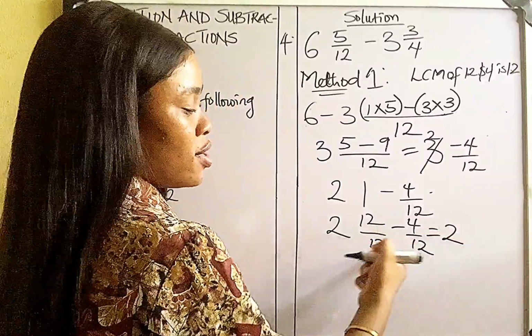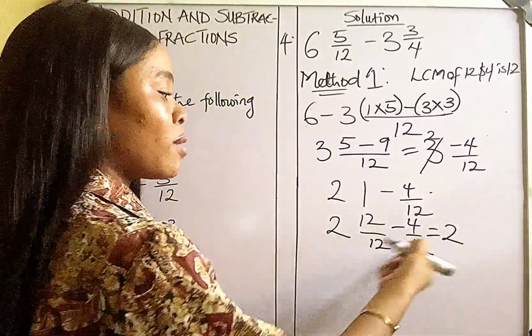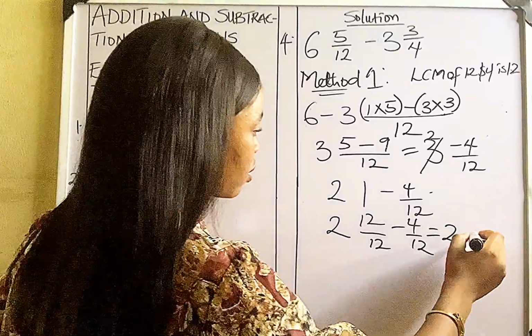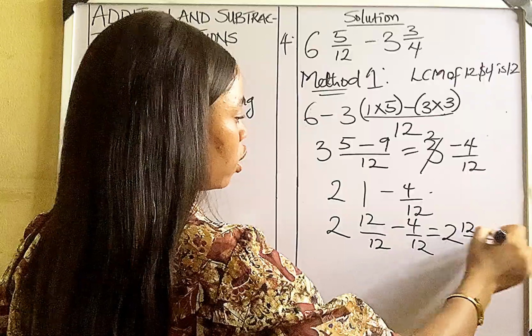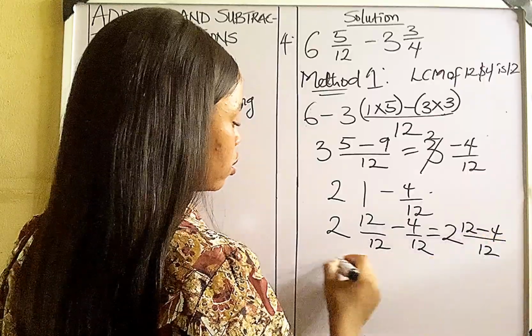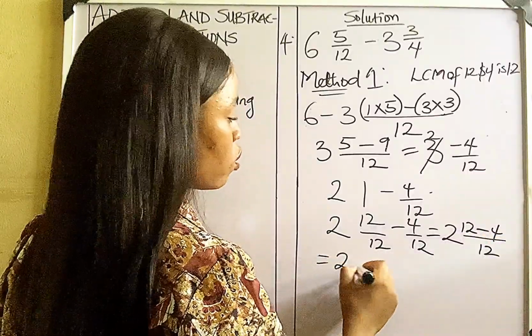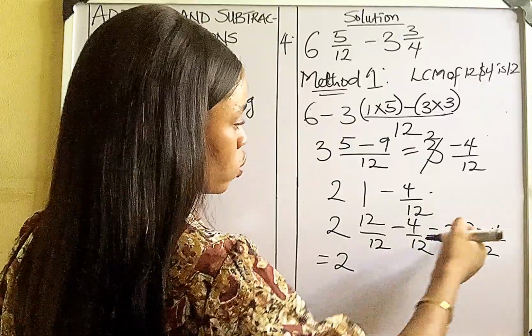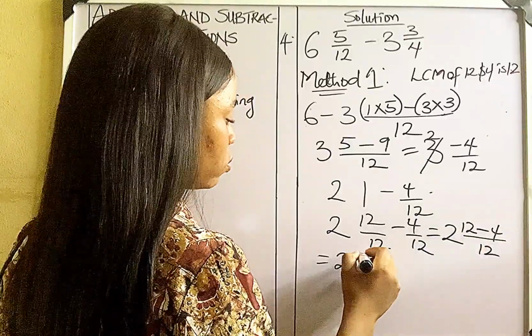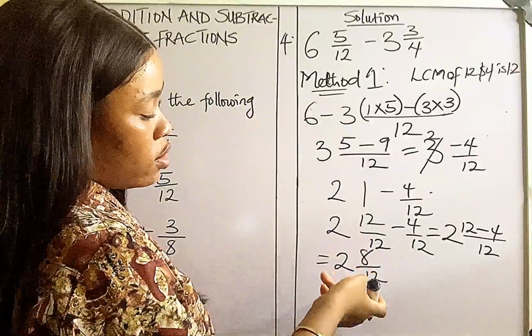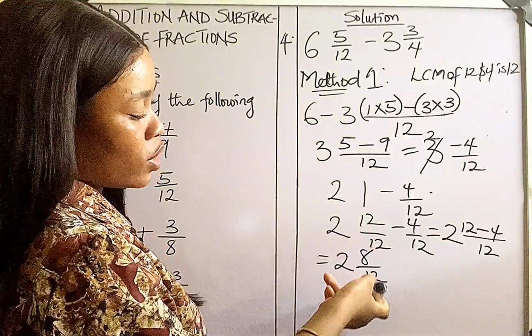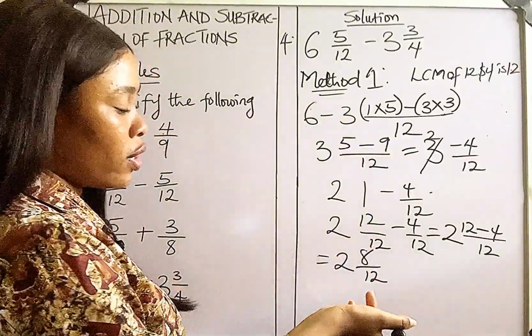Since they have the same denominator, they are like fractions, so it is very easy. Pick one of the denominators and then subtract the numerators. So this gives us 2 whole number, 12 minus 4, that is 8 over 12.